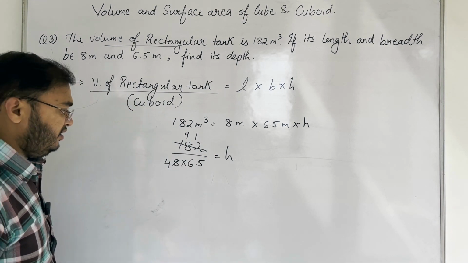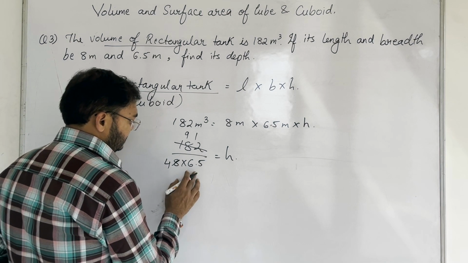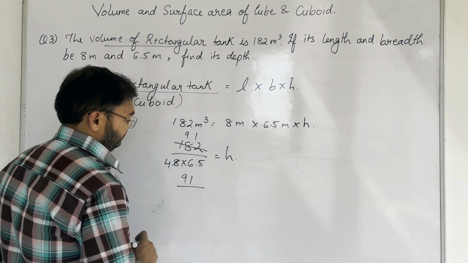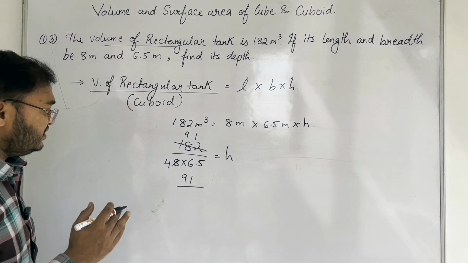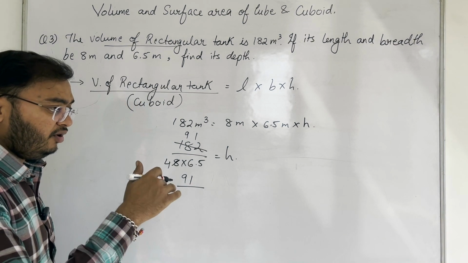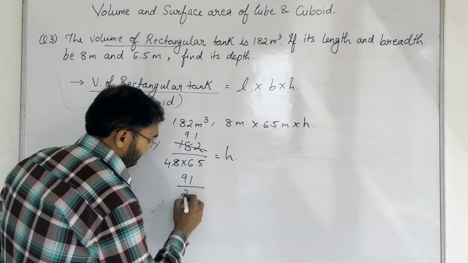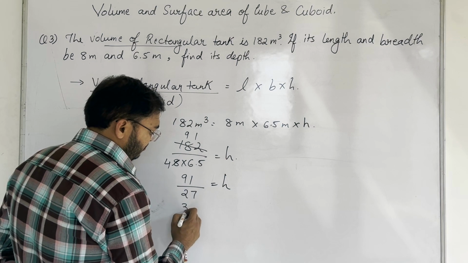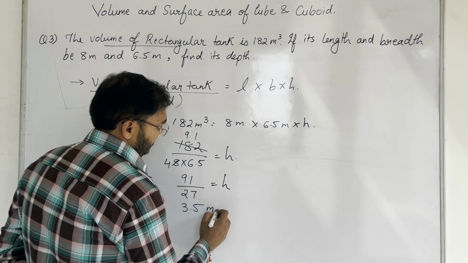Now this 6.5 is there, that means 91 over 6.5. Now 6 4s are 24, 24 plus 3, that is 27, equals to height. When you divide this, you will get 3.5 meter as the height.